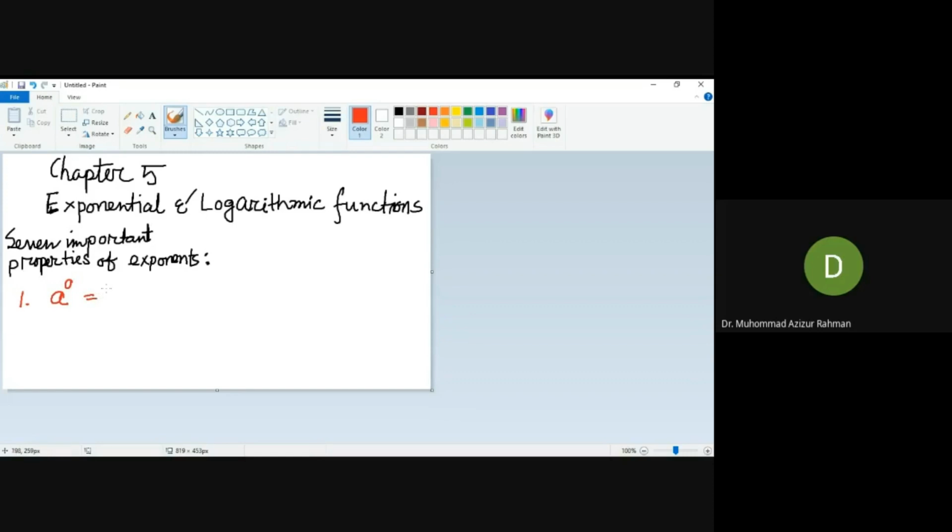So here a, we call a the base of the exponent. And the power is the power.